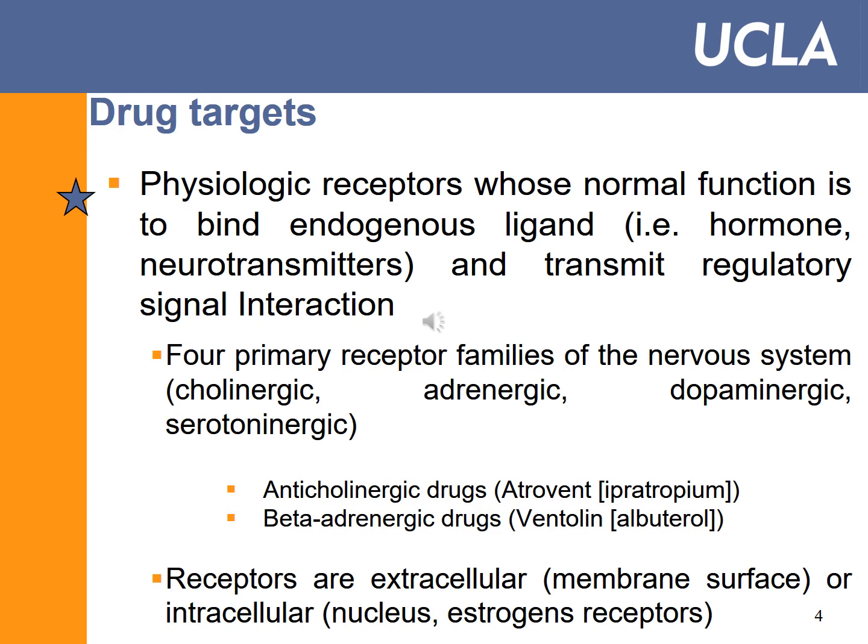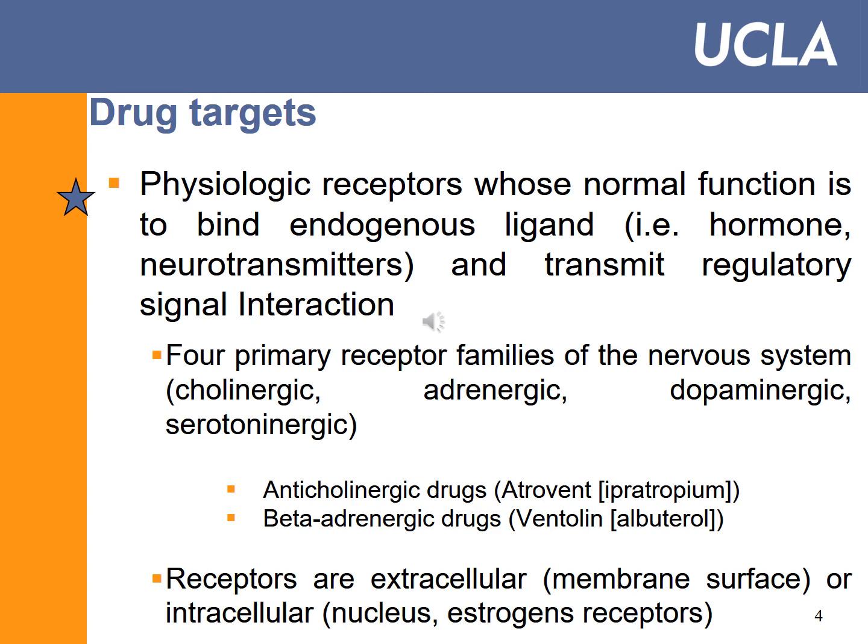Here I have listed 2 drugs that are used for the treatment of asthma. One is an anticholinergic drug, and that means it will bind to the cholinergic receptor and block the action of acetylcholine. In that case, it will relieve bronchospasm by producing bronchorelaxation.